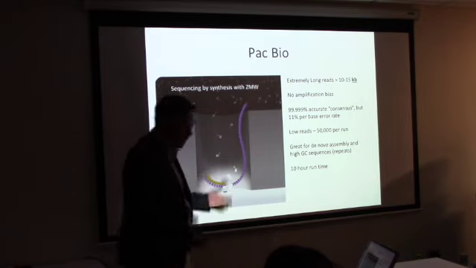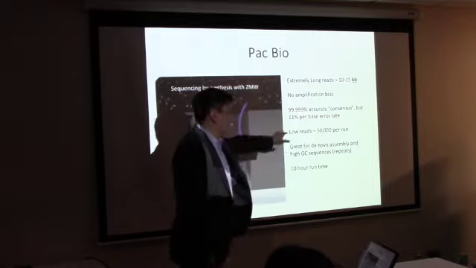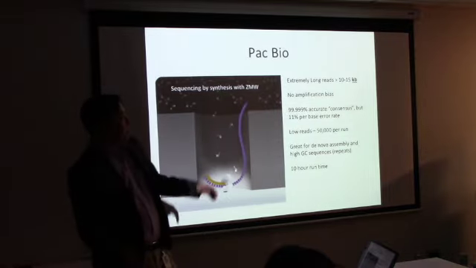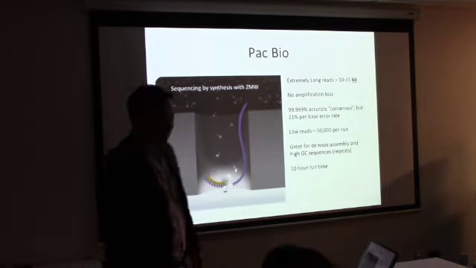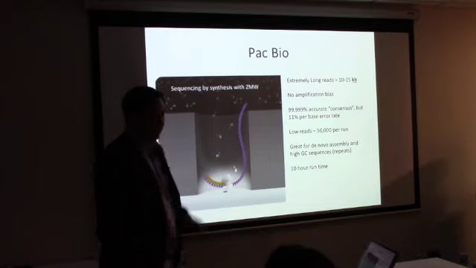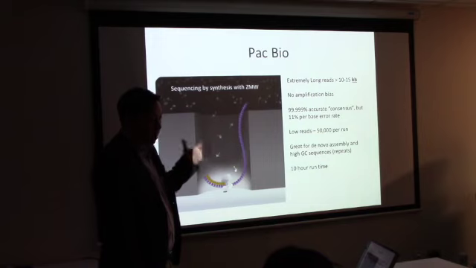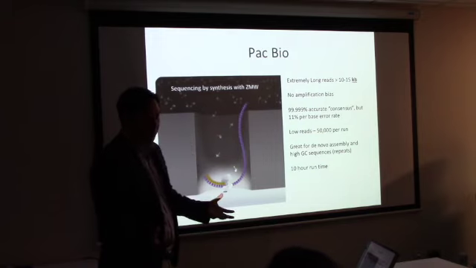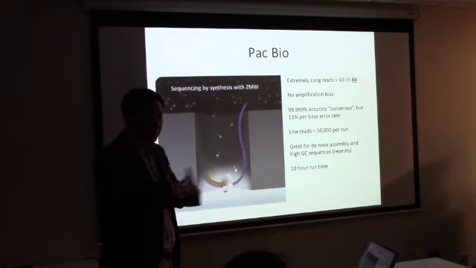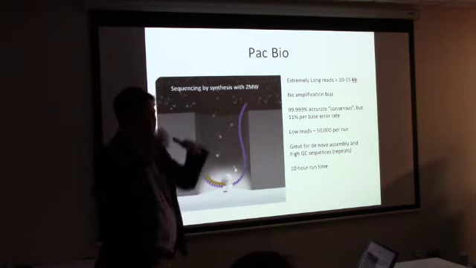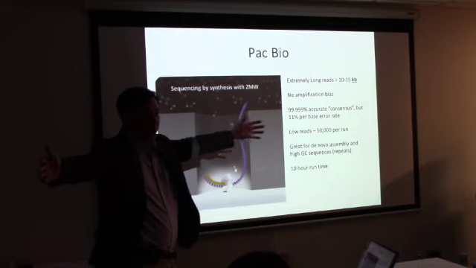The problem with that is that they have a low number of reads, only about 50,000 per run. But they could be really long reads, 10 to 15 kb. So this could be useful if you were on Mars and you found alien life and you wanted to know what the genome looked like because you didn't have the assembly. You would do this with maybe Illumina to put everything in context.